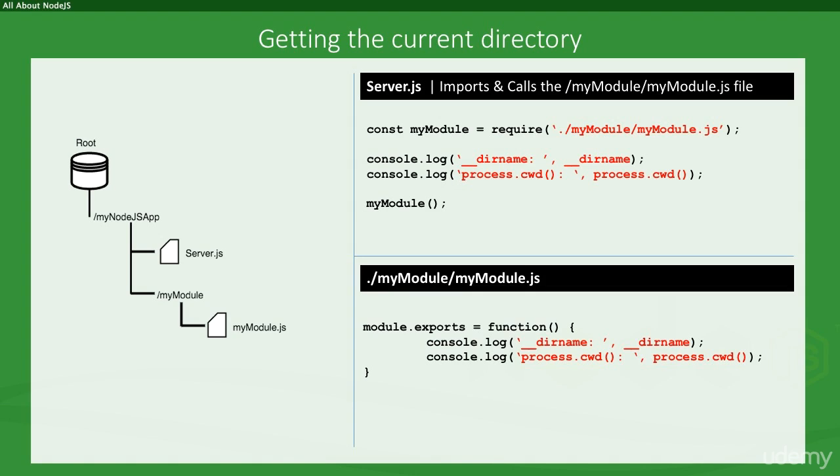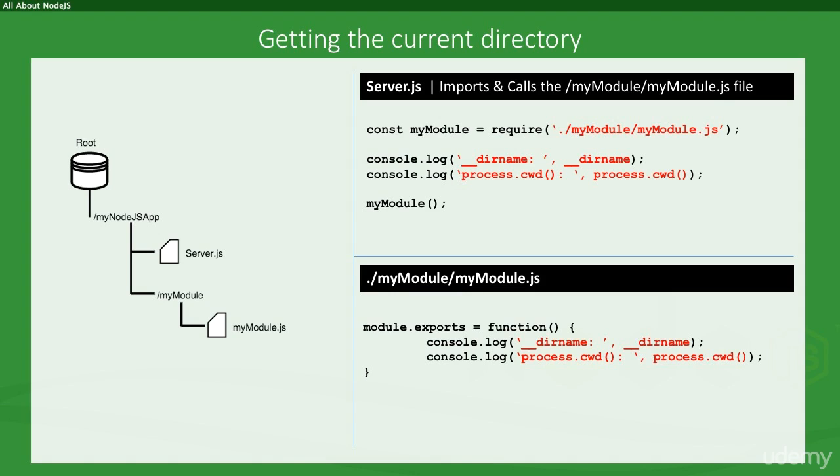So on top you see server.js, which first imports the my module file, and this should give you a first glimpse of how a custom written module can be imported in. But more on that in another screencast. Anyway, coming back to this example, the mymodule.js file, which sits in its own folder, simply provides us with a function which outputs the values of both __dirname and the process.cwd method.